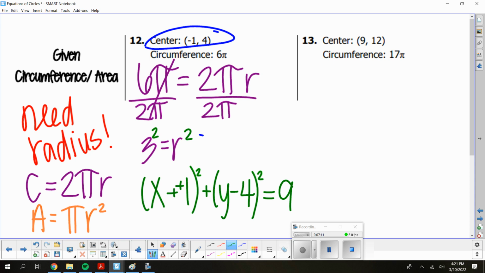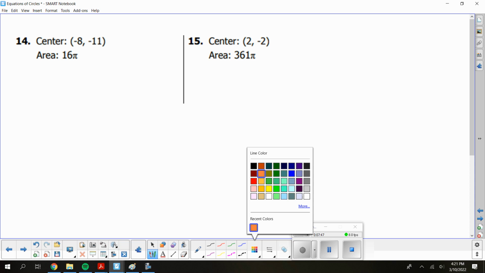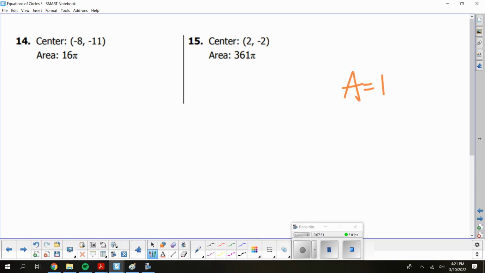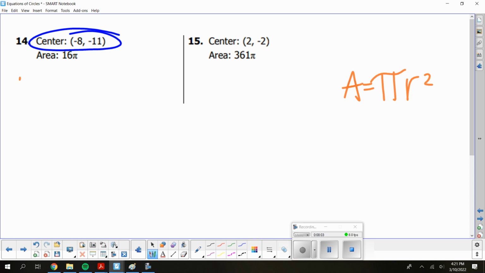All right, let's look at number 14. So again, just to rehash, these are area, and area is equal to pi r squared. So if we are given the center, and we need the radius, my area is equal to 16 pi, which is equal to pi r squared.